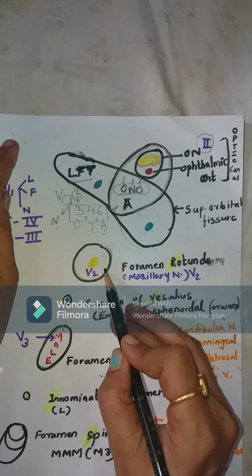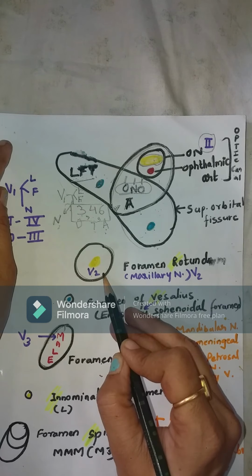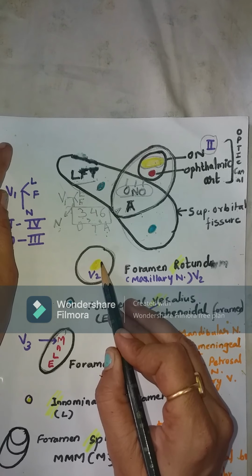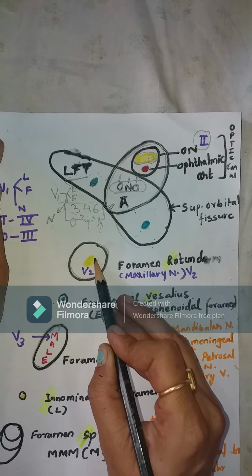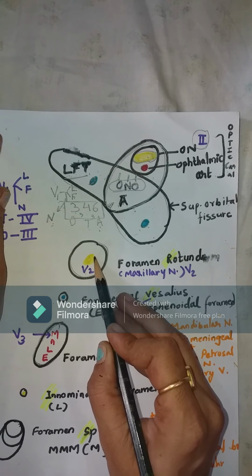This foramen you will not be able to see through the norma basalis, but this will open into the pterygopalatine fossa, and then through the pterygopalatine fossa it will communicate through the bony orbit to the infratemporal fossa.